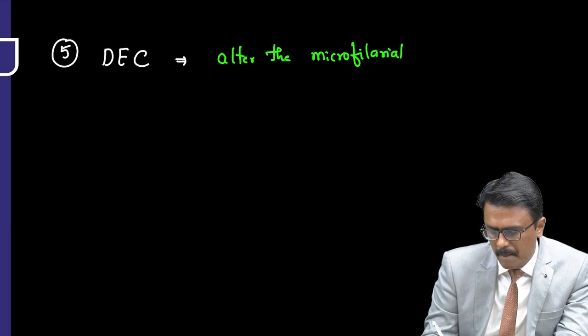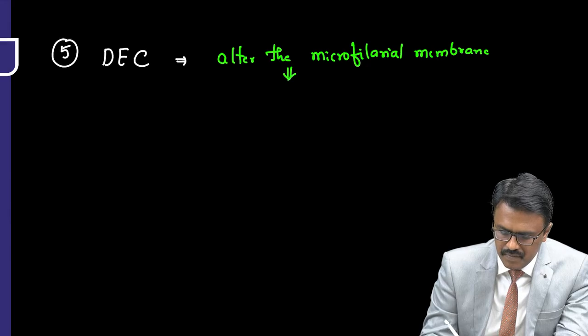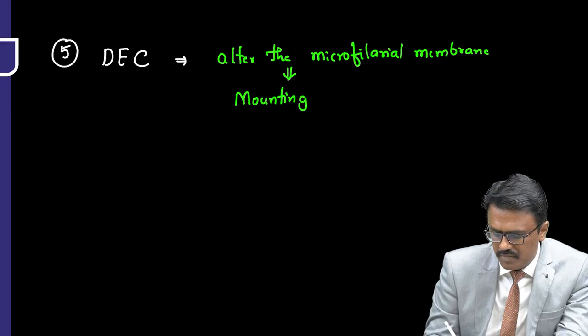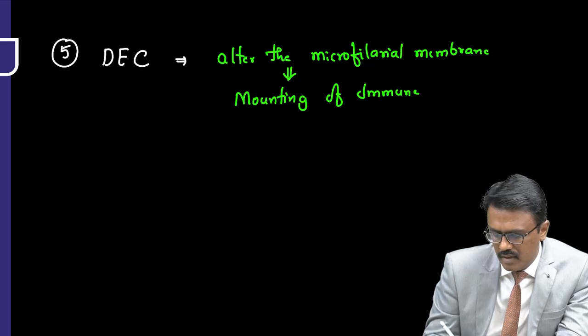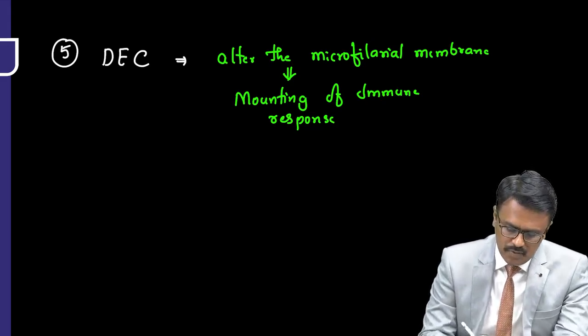Now, when they alter this membrane, the immunity will mount a response on them, and that will kill the filaria.